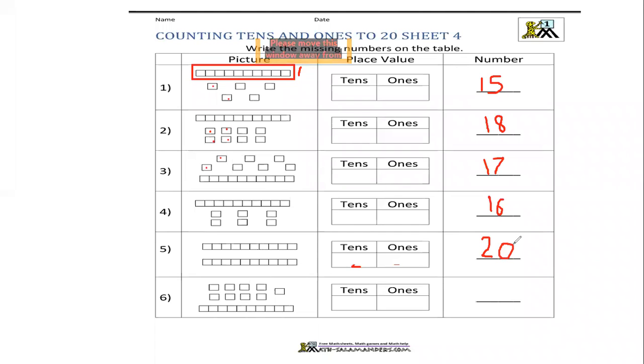The same way here I have 1 ten, and how many ones do I have here? 1, 2, 3, 4, 5, 6, 7, 8, 9. So that becomes 19. So this is how we are going to solve the tens and the ones. We are going to count the models and then write the numbers.